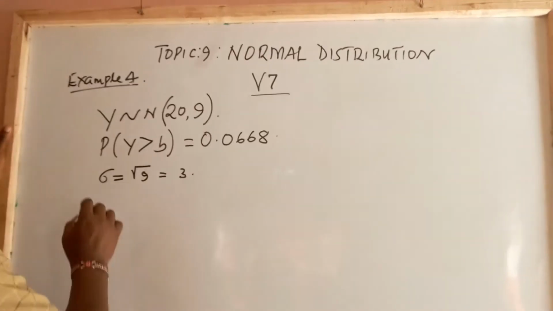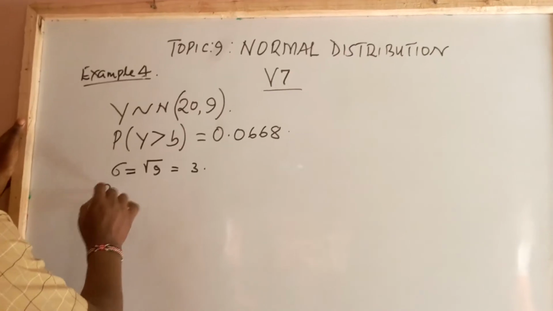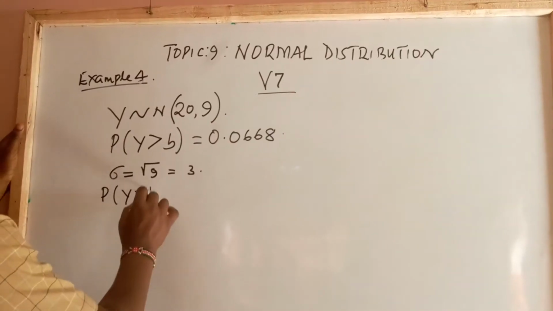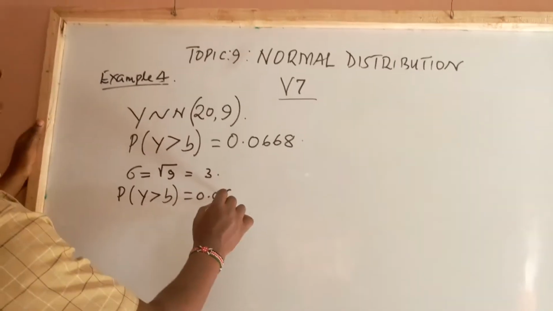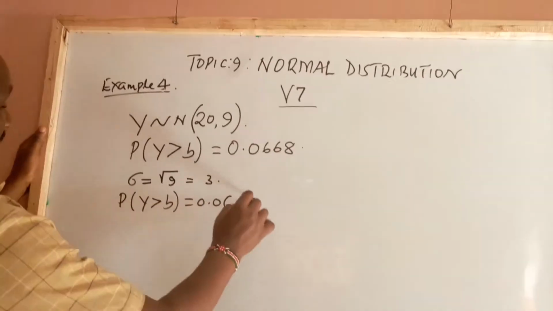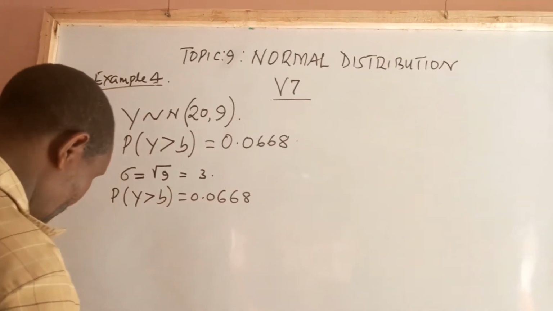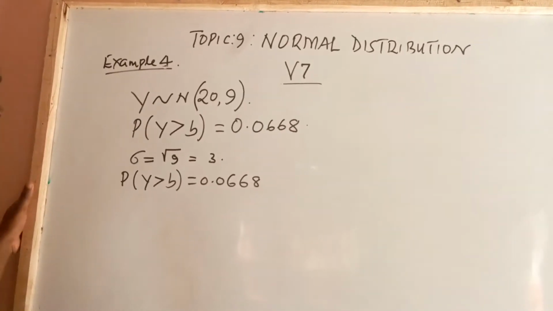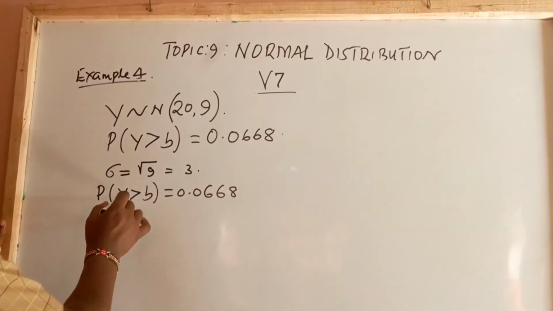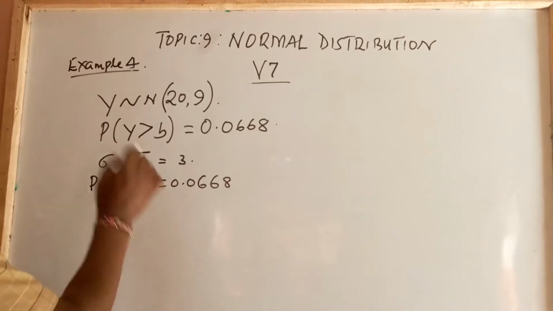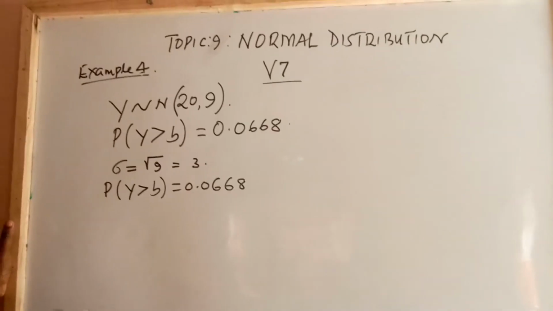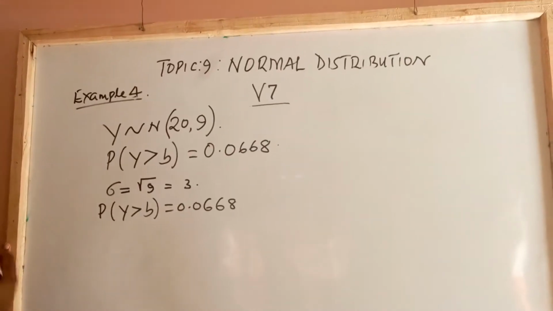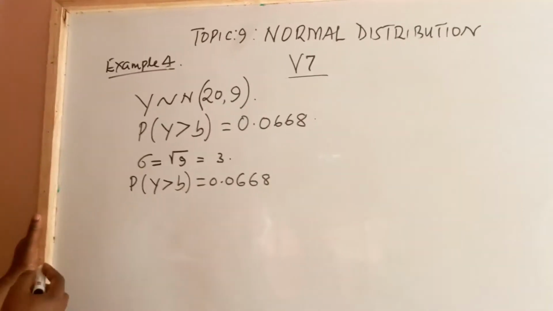Now, we are told that the probability of Y greater than b is 0.0668. It follows that, because we don't have Z, we only have Y, we have to bring in Z, because it is Z that is provided in our table.